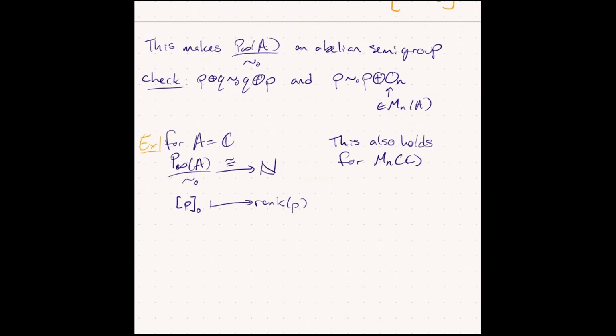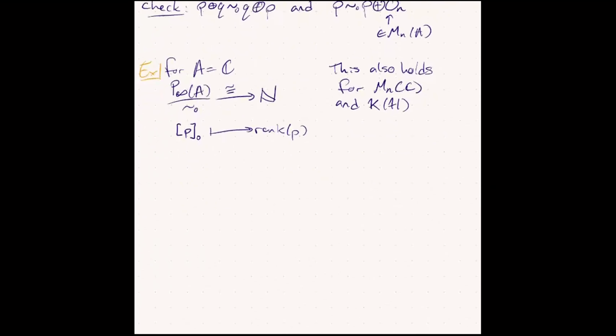This semigroup is isomorphic to the naturals. It also holds for the compact operators, but that might be something you need to convince yourself of. Maggie will also touch on this tomorrow. Okay, so this is one example.